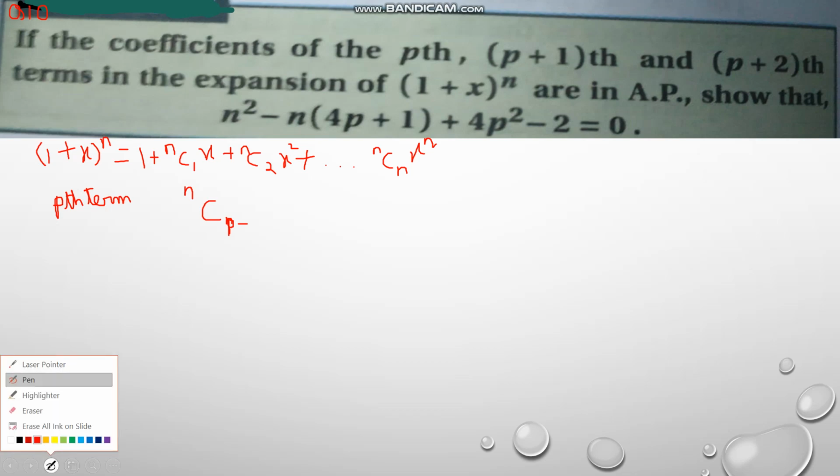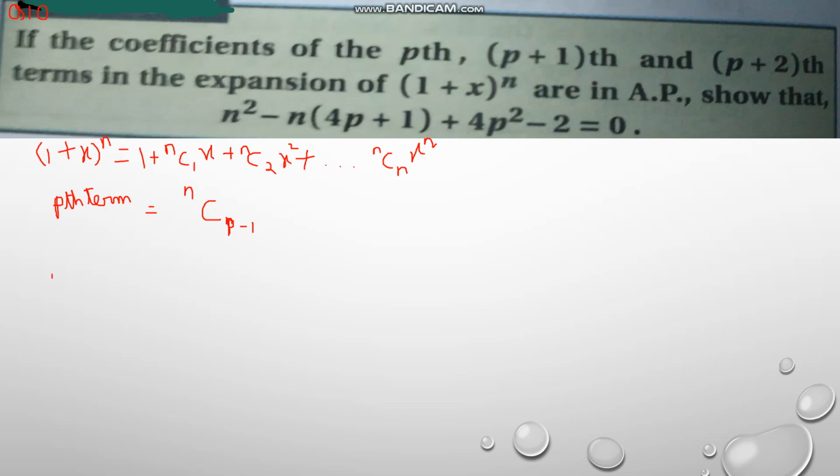If the second term is nC1 and the third term is nC2, then the pth term is nC(p minus 1). Yeah, now I am correct.